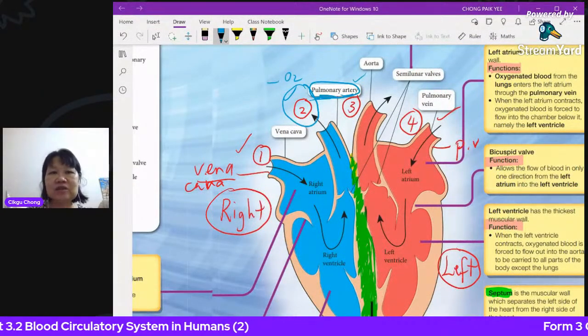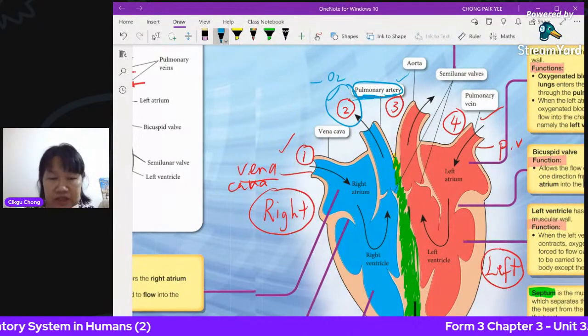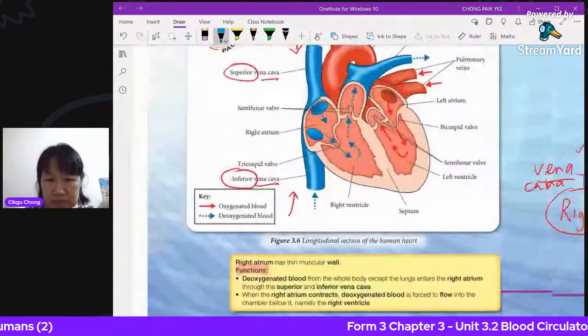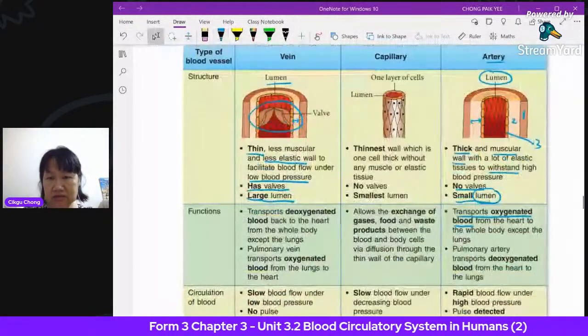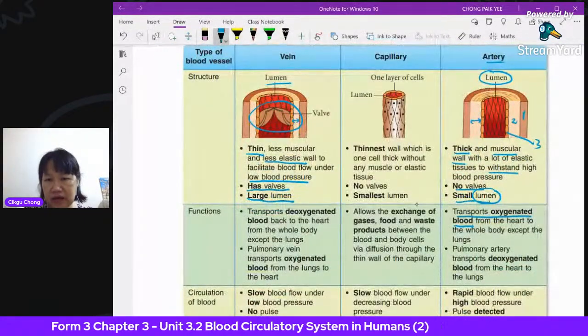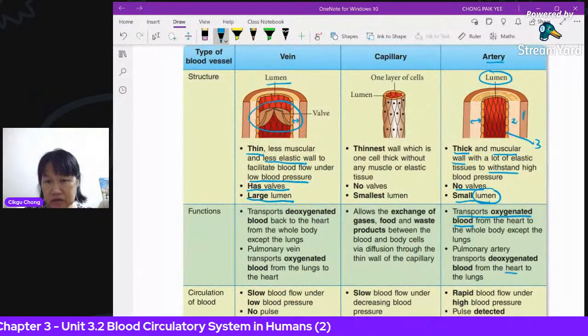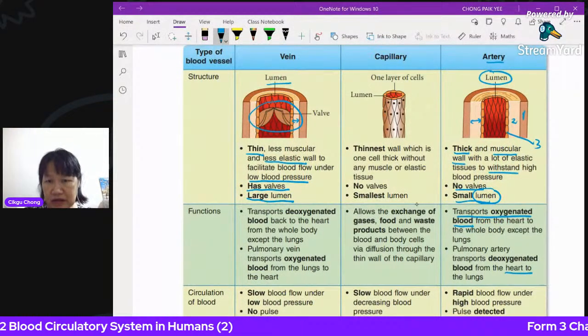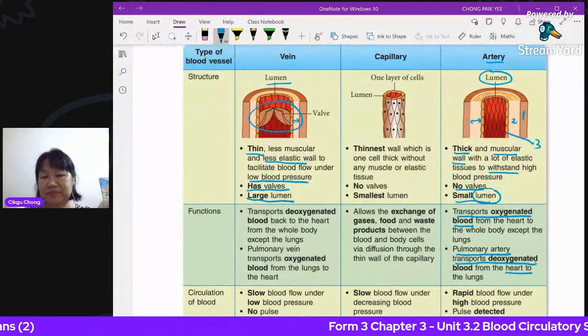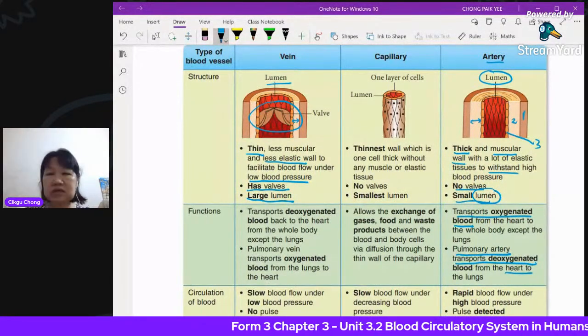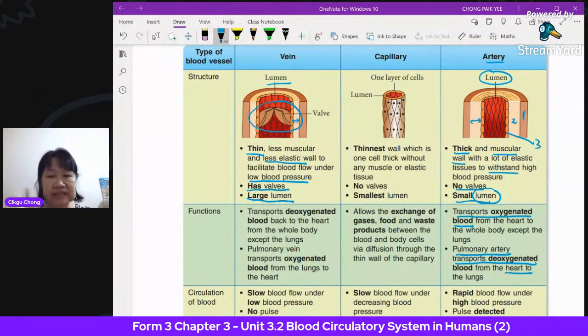Okay, so here the function of artery is to carry oxygenated blood. It carries blood away from the heart. All right, except for this one, pulmonary artery, which carries deoxygenated blood. So all the arteries carry oxygenated blood except this one only.